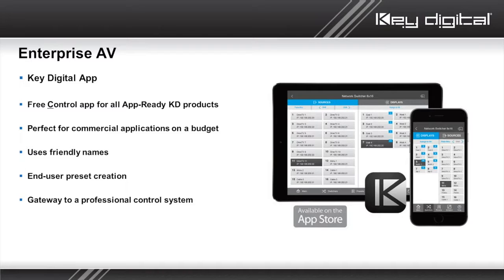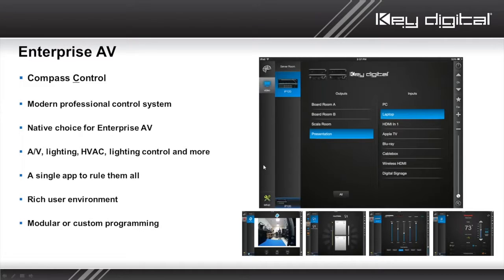How can we turn on the volume and the lights, etc.? And of course that requires an app to rule them all, such as KeyDigital's Compass Control, where you could have your video switching, your audio volume control, your thermostat, your lighting, your security and surveillance, in addition to your audio-visual, all in one place.